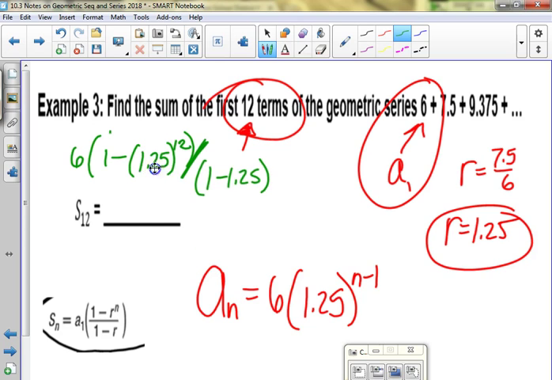And because this is a positive number, do you really need those extra parentheses in here? No, but be very careful. All right, 6 parenthesis 1 minus 1.25 to the 12th divided by 1 minus 1.25.